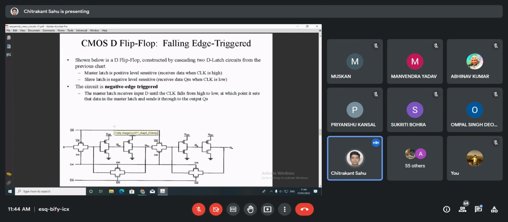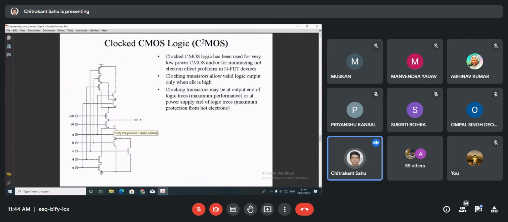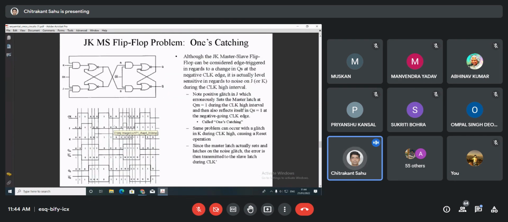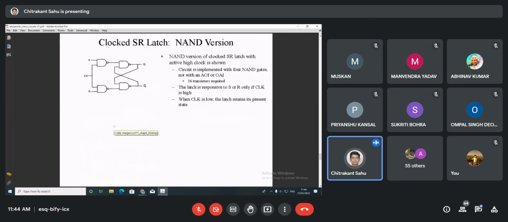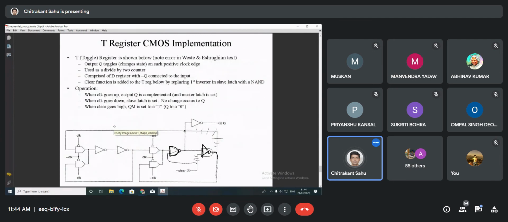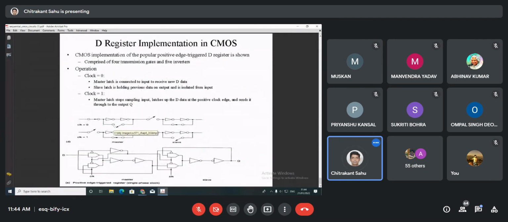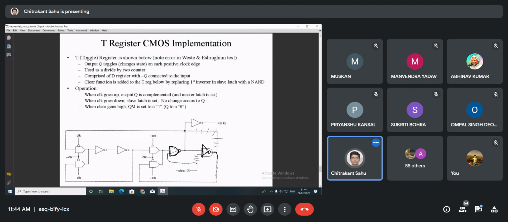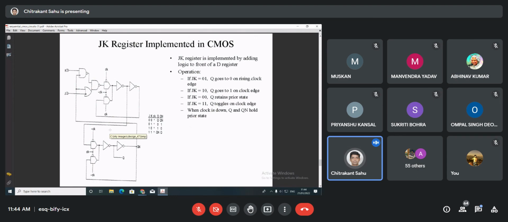D latch, D flip flop, all those things. I am just going to share this information with you. At least go through a few simple circuits, and then you see how they can be used for a CMOS implementation. In terms of that, you need to understand.